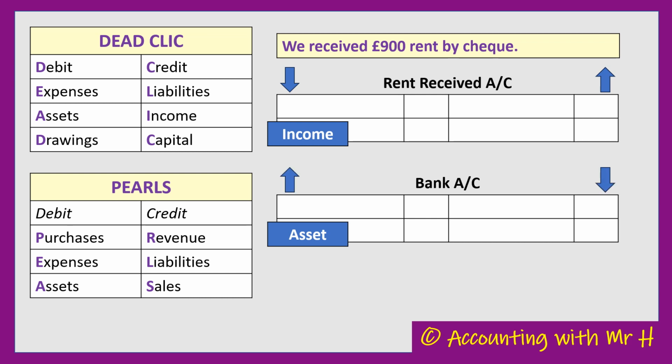So we received this rent. So in terms of income, in the income account, the rent received account, we need to record this on the credit because it's increased our income, but it's also increased the amount we have in the bank. So in the asset account, the bank account, I'm going to record that on the debit. And there it is, rent received 900.